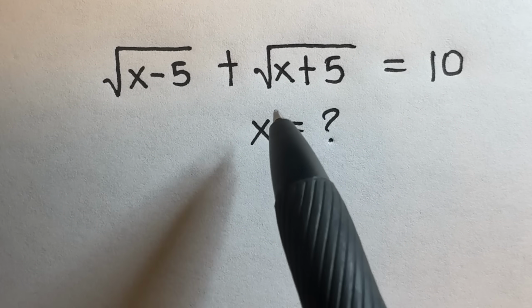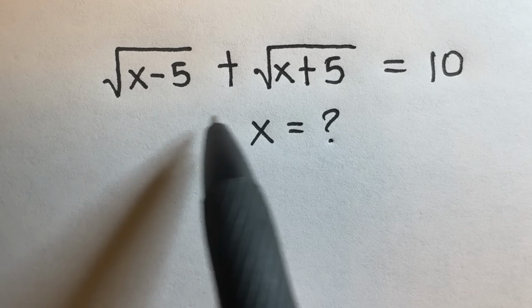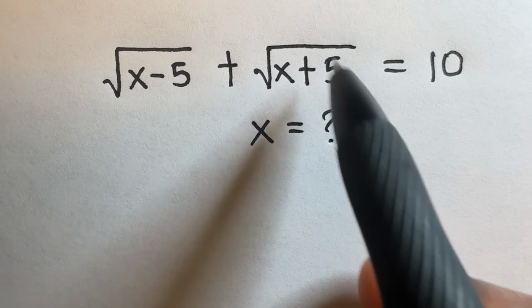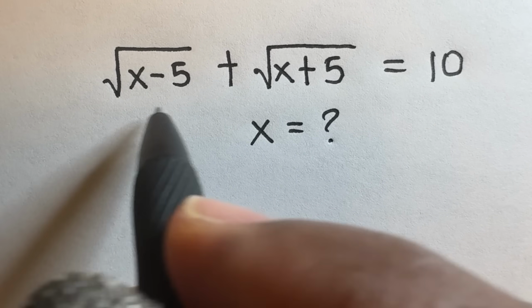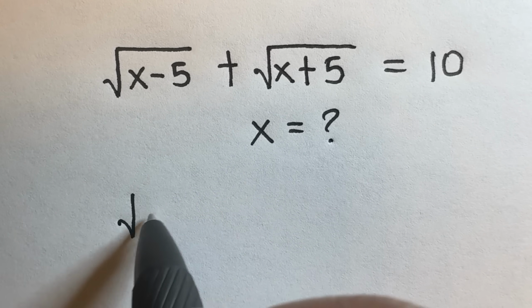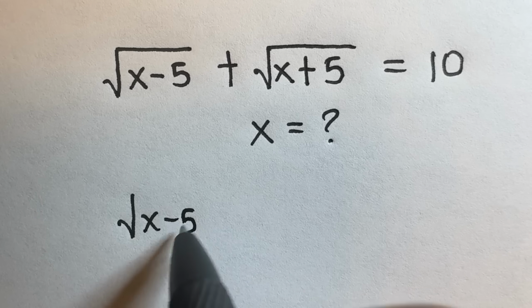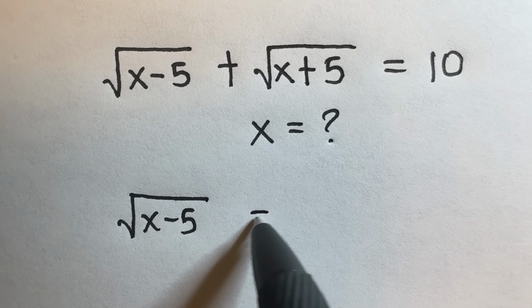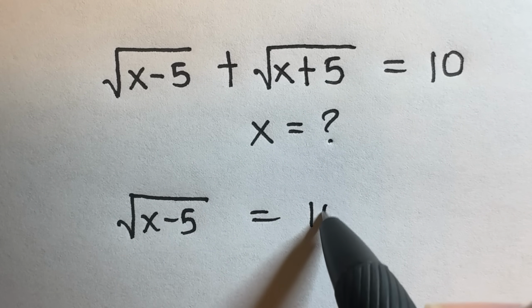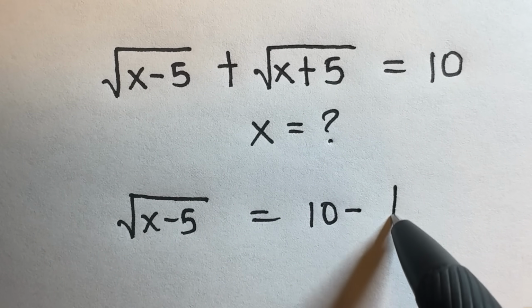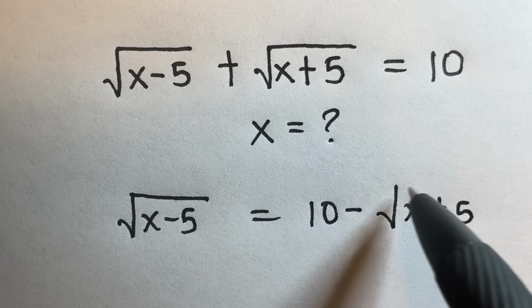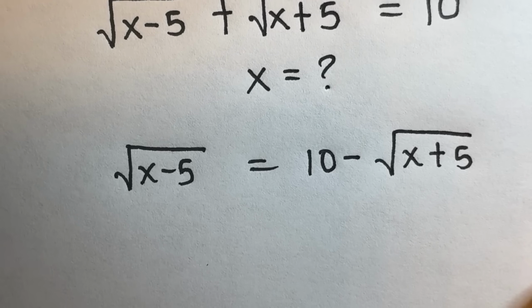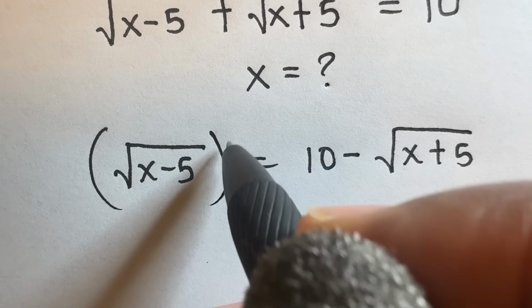Another way by which we can solve for x in this problem will be to move one of the radicals to the other side. So I could have this retained here, square root of x minus 5, and then have this move to the other side to have 10 minus the square root of x plus 5. Now let's square both sides.